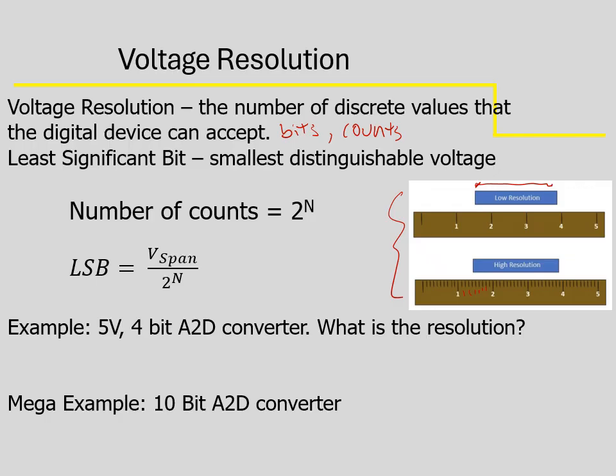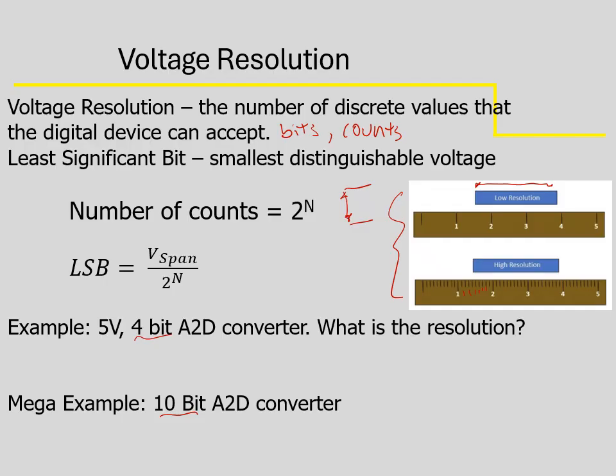As in, we would say this A/D converter is 8-bit, or 4-bit, or 10-bit, something like that. If it has a low count, that means it has a large increment, a large delta.